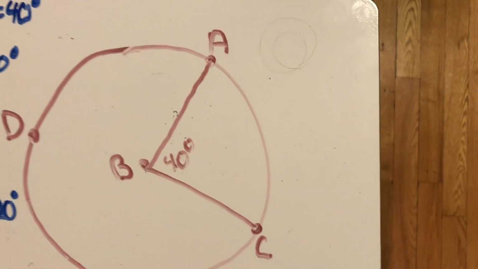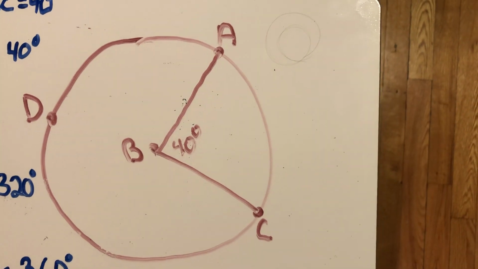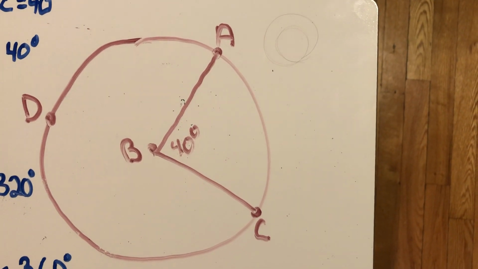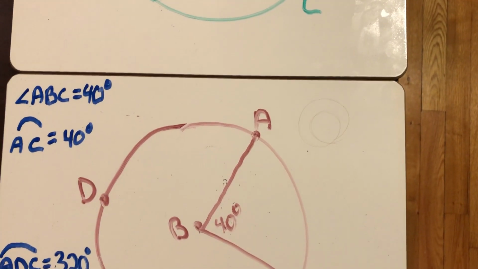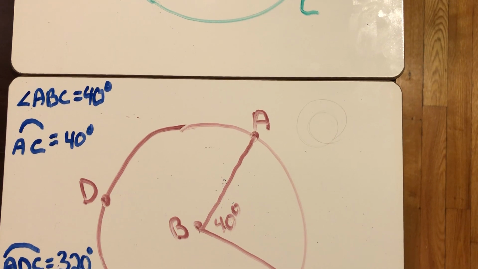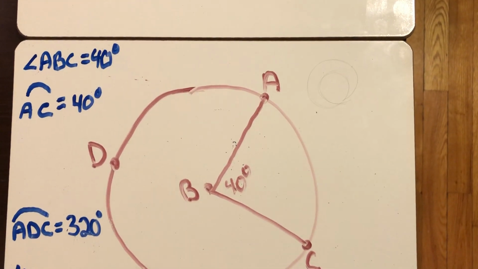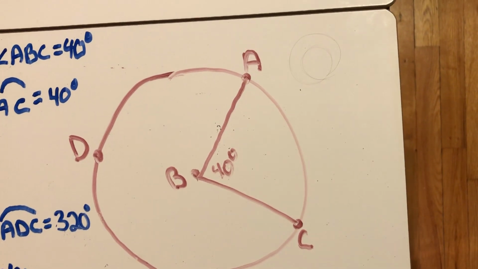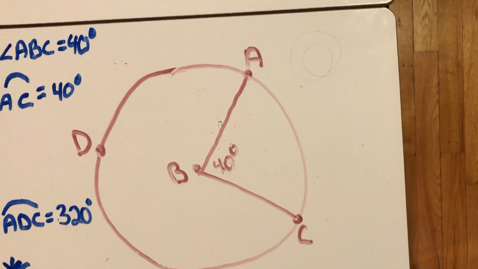Now on this one, if you notice, I actually added a third point on the circumference, point D. So to start with, we still have angle ABC is 40 degrees. We have arc AC is 40 degrees. But now we have arc ADC is 320 degrees.